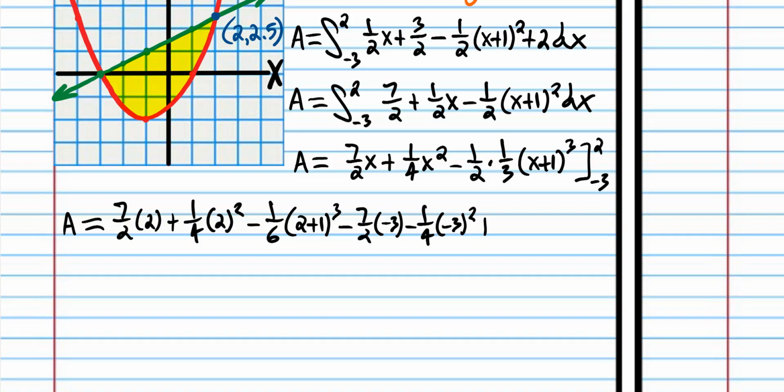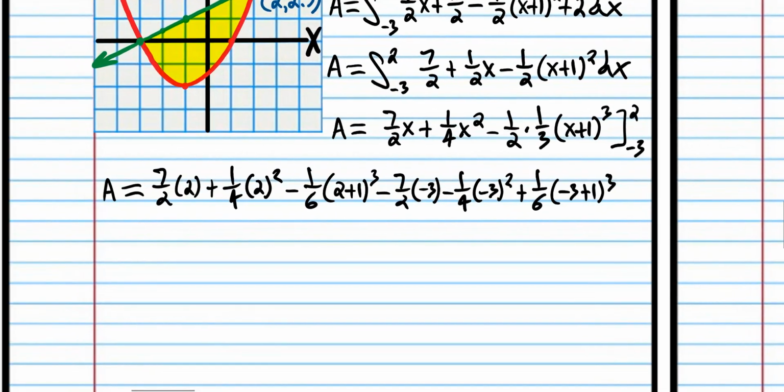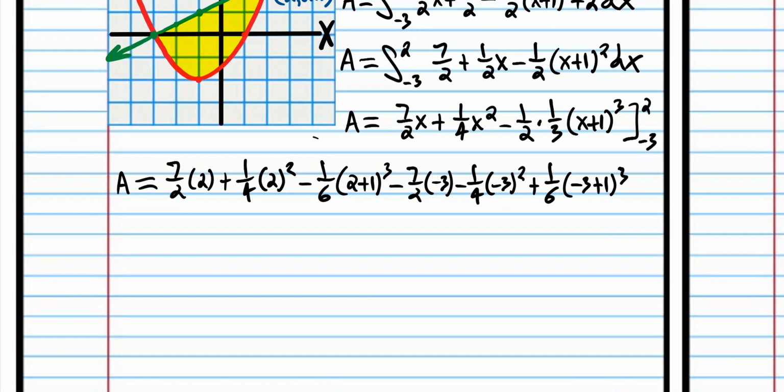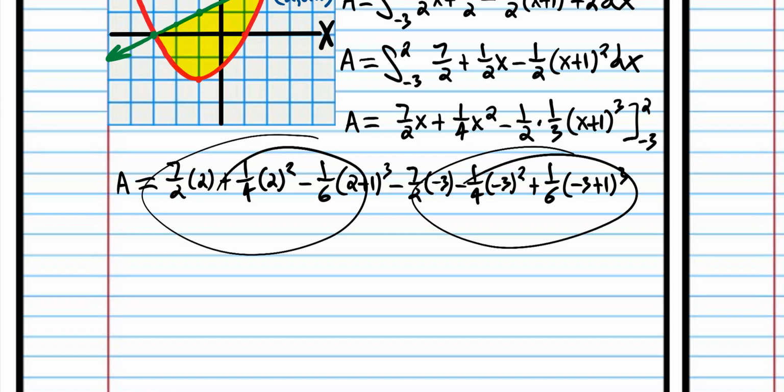Then it's going to be plus 1/6 times -3 plus 1 cubed. And I think that's it. So we plugged in 2 over here, we plugged in -3 over here.